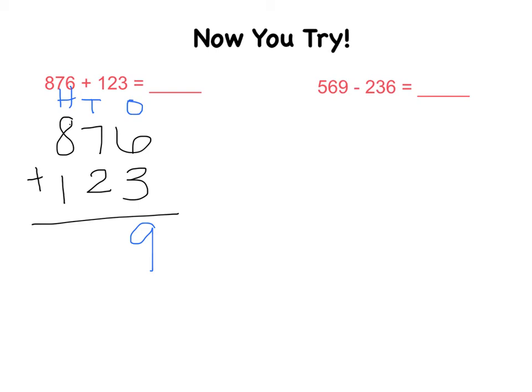Now I'm going to add the tens column. 7 plus 2 is also equal to 9. And last, I'm going to add the hundreds column. 8 plus 1 is also equal to 9. So our total sum is going to be 999.